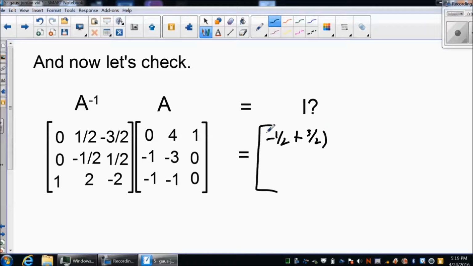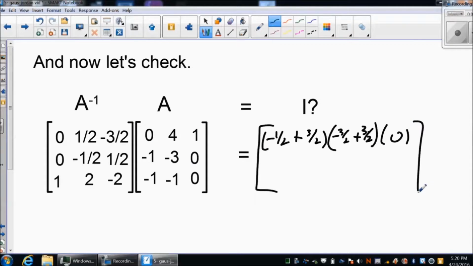And we can put parentheses to show that's the first row, first column element. I'll work my way across. 0 times 4 plus half times negative 3, negative 3/2, plus negative 3/2 times negative 1, plus 3/2. And then our last column element, 0 plus 0 plus 0.